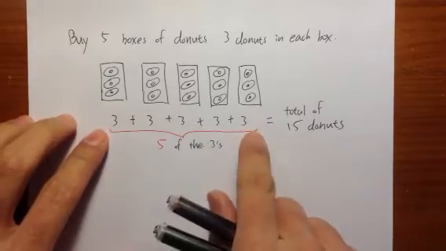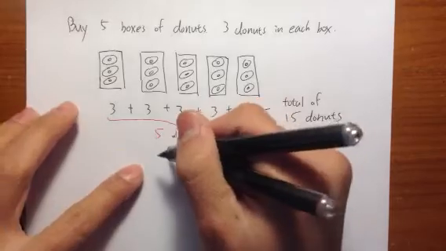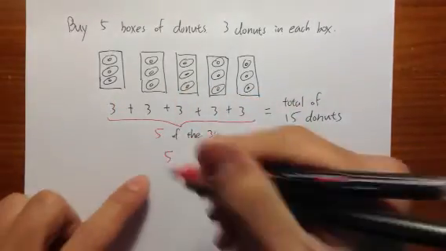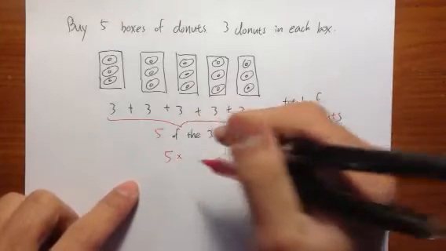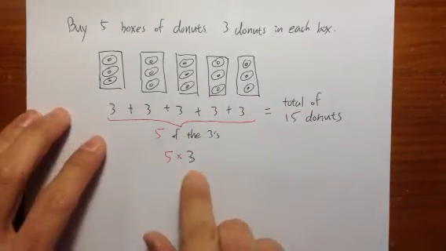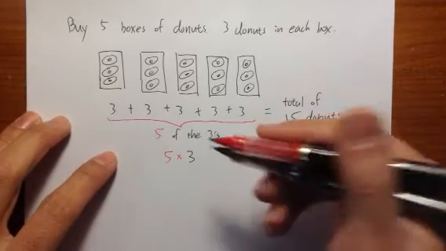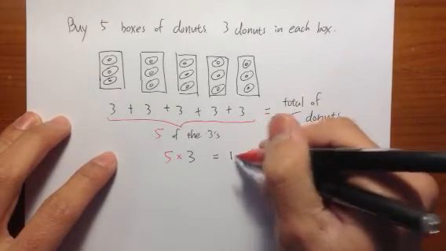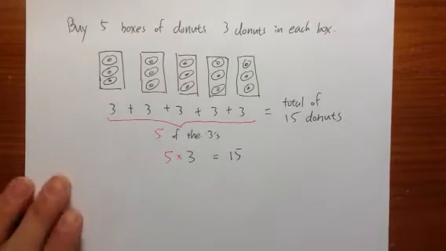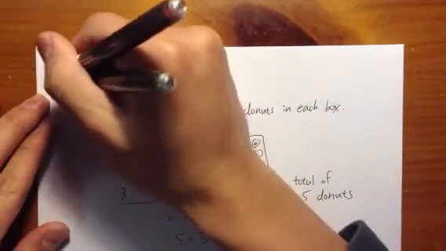Another way to write this is, we can say this is 5, because we have a total of 5 boxes. 5 times 3. I have 5 boxes, and each box has 3 donuts, and altogether I have 15. So this is the idea of multiplication, and that's what we're going to talk about today.